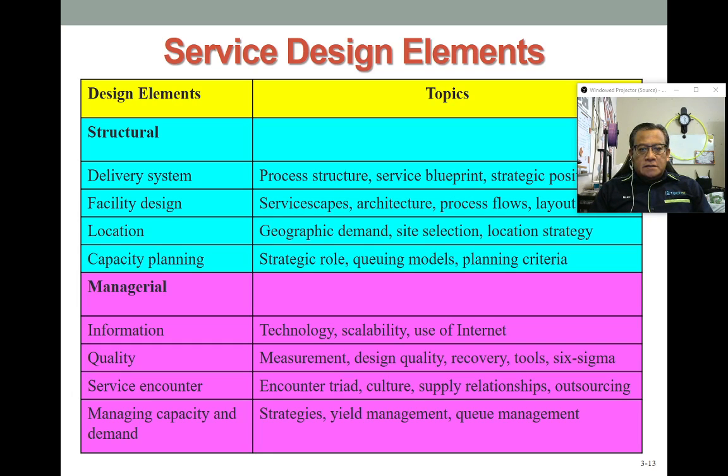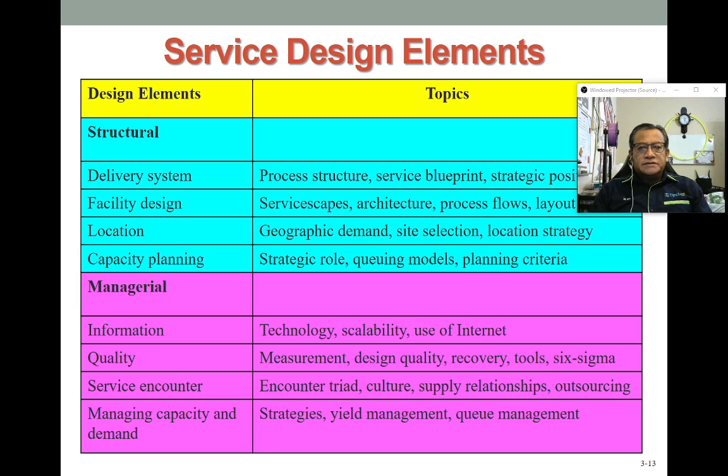This is basically discussing service design elements. For service management innovation to be successful, we have to consider a few elements.